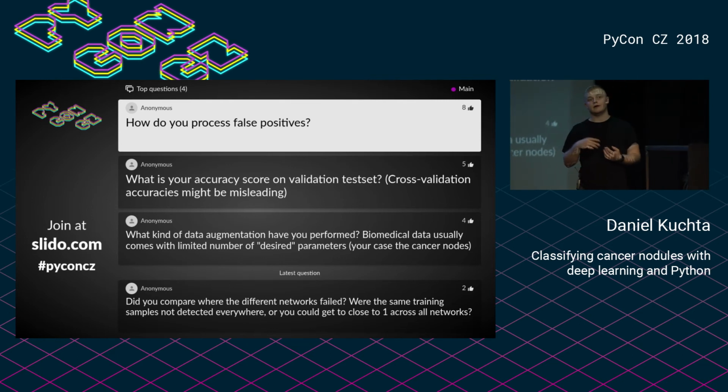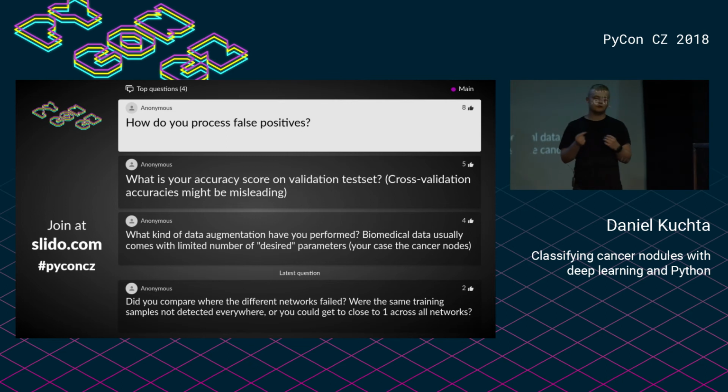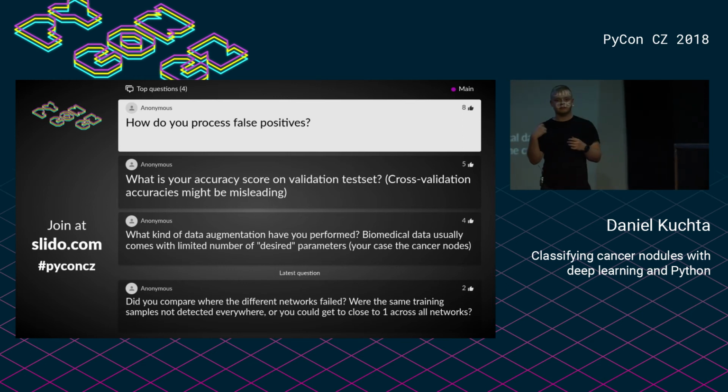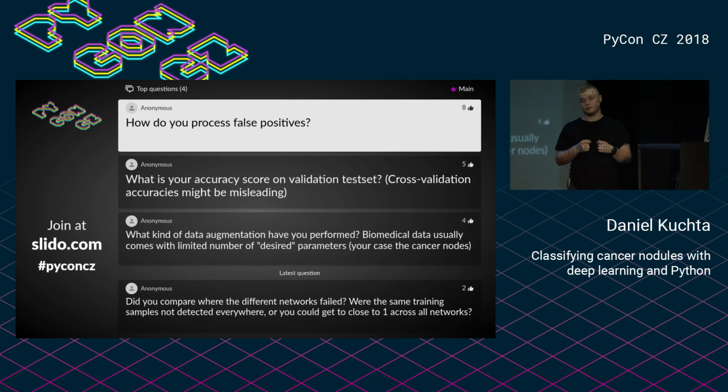So even if there is a false positive, it's not a huge problem, because what would happen is that the radiologist would just check one more bulk of tissue that eventually would not be a nodule, but that's not really a problem. The problem would be if we actually missed some nodules and the radiologist would do the same. That would be a problem.